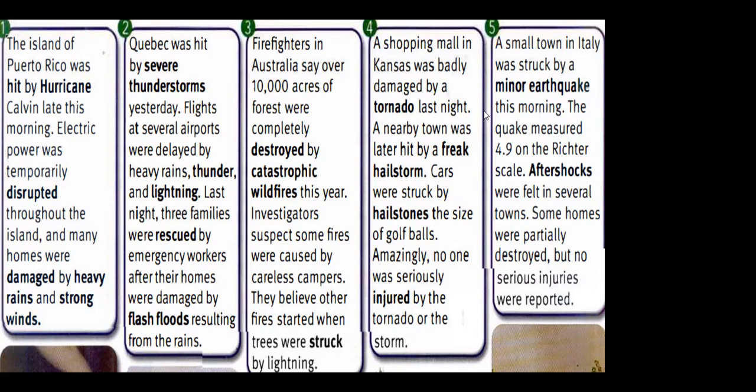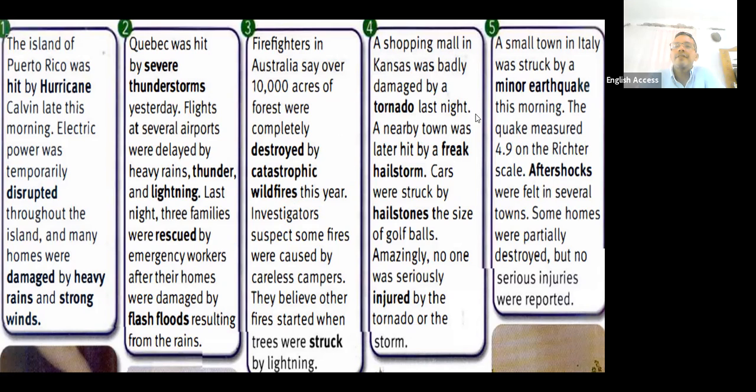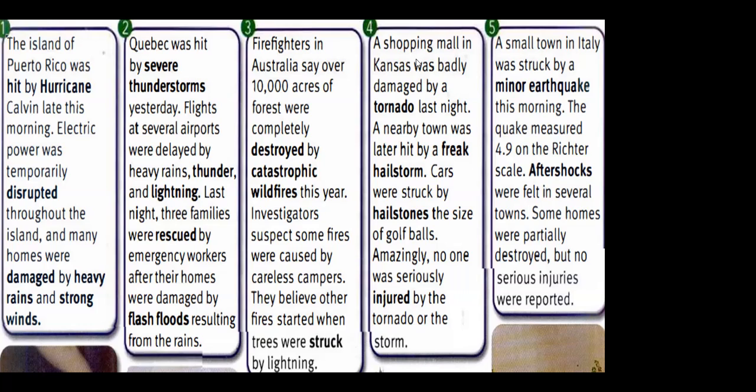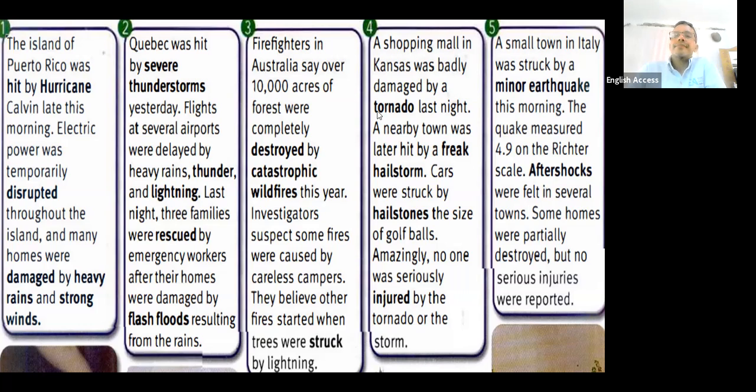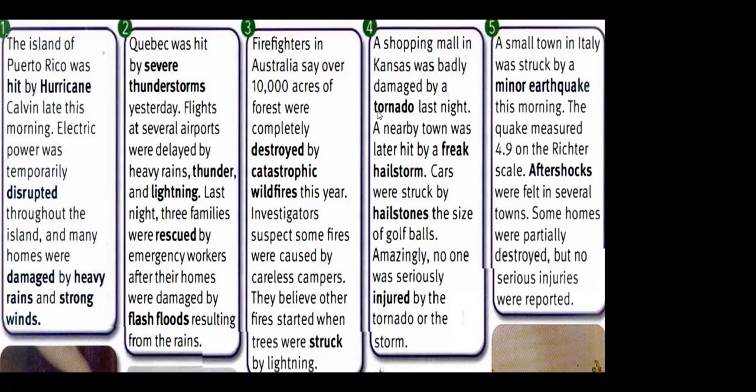Me, teacher. Volunteer for number 4. Teacher, sorry. Who said first? Me. Who was first? Lucia. Yes, Lucia. Okay. Number 4. A shopping mall in Kansas was badly damaged by a tornado last night.